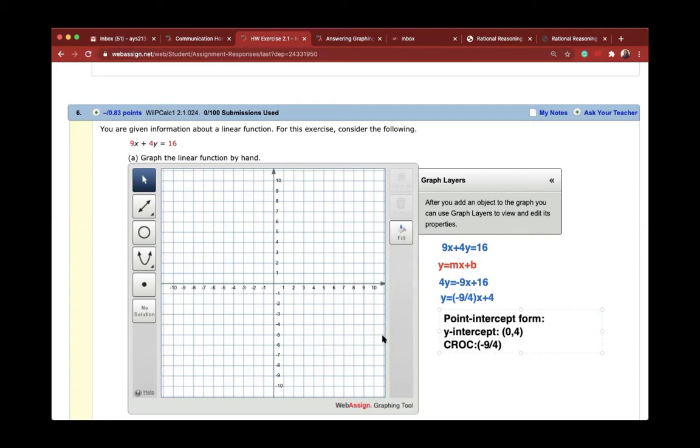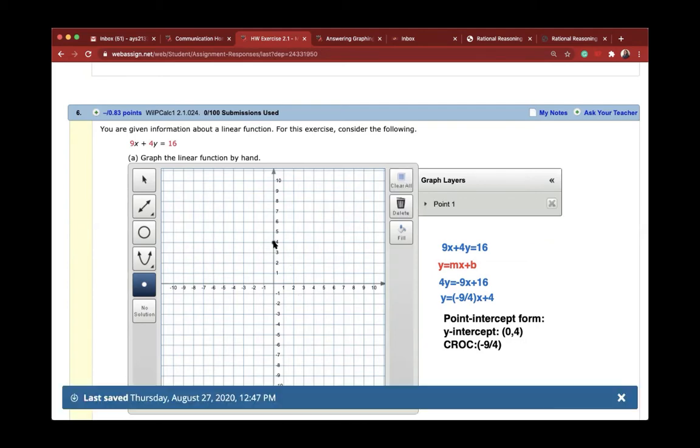So now let's use this. We're going to go over here to the graph, and what we're going to do is first plot 2 points that we know are going to be within this linear relationship. First, we have 0, 4. And then we need another point that goes along with this relationship.